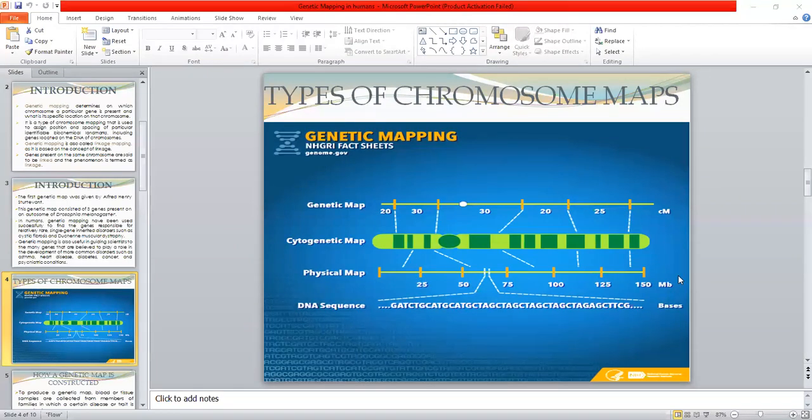So these were the different types of chromosome maps which are developed in chromosome mapping.